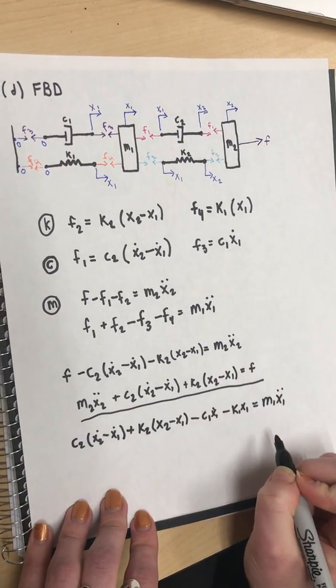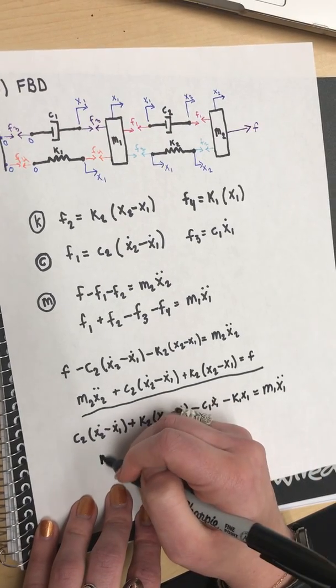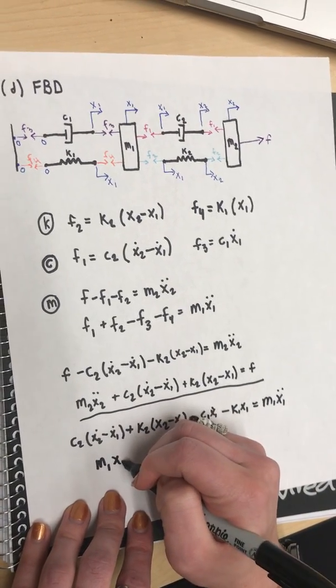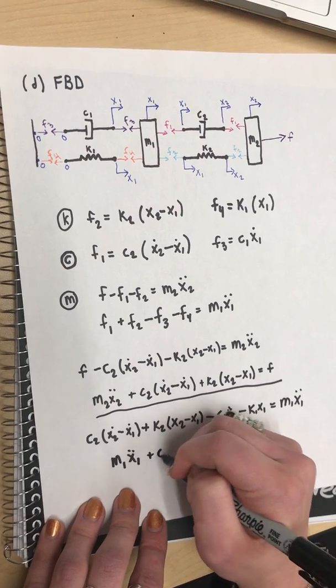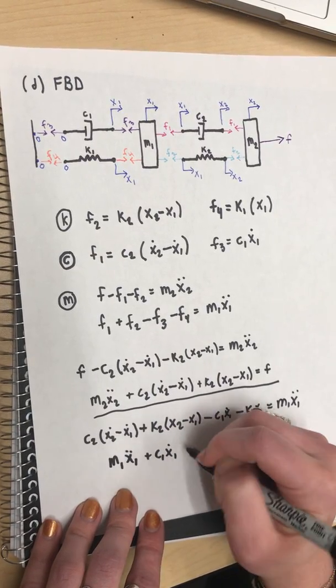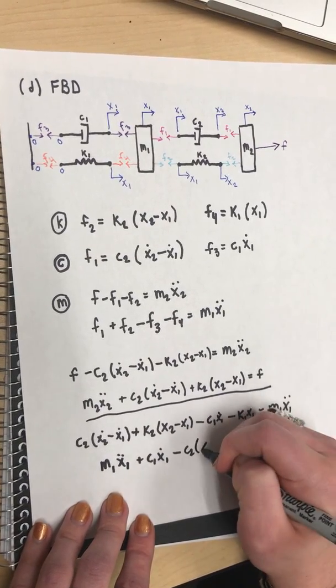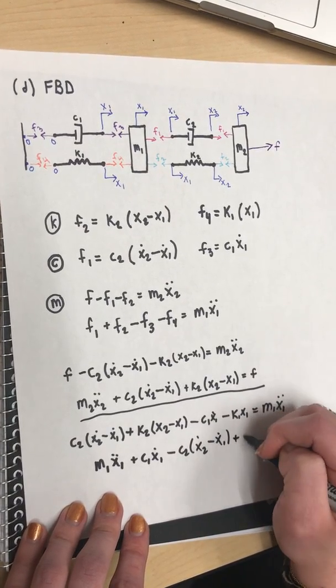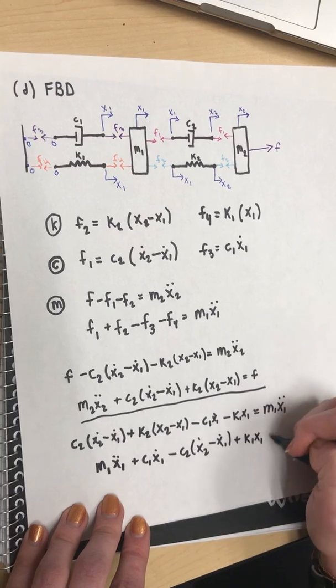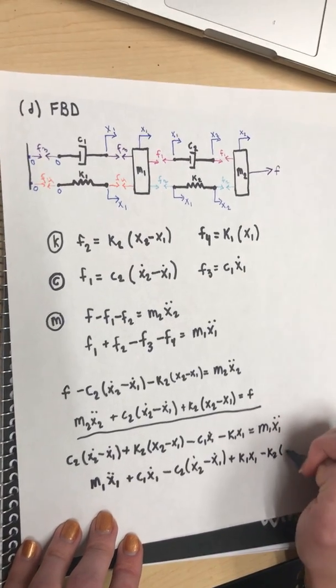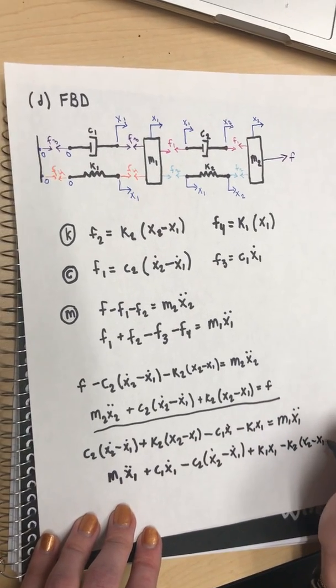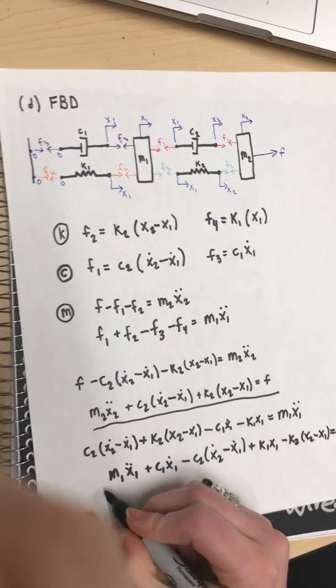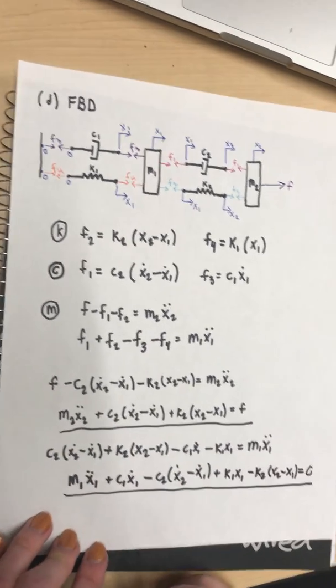And we'll just simplify that into standard form. And here we have our second equation of motion, and we're all done.